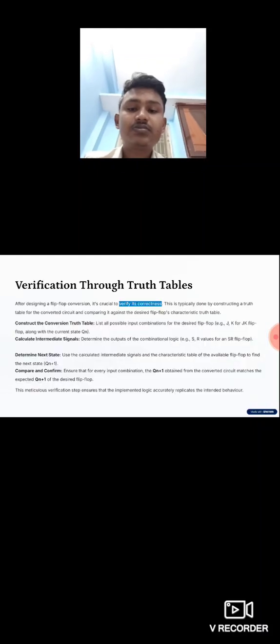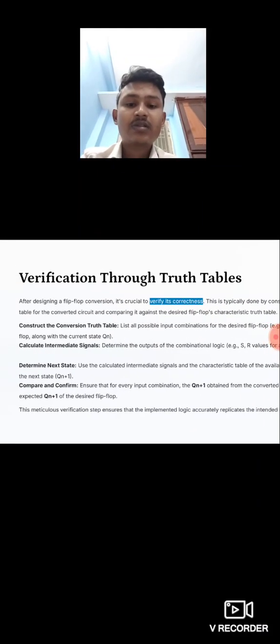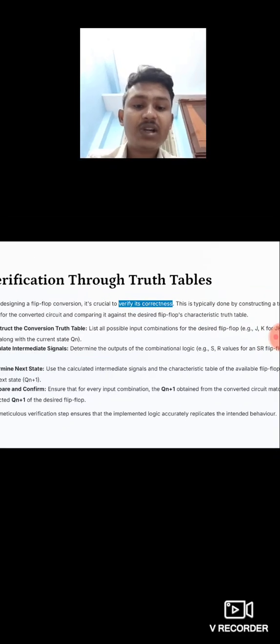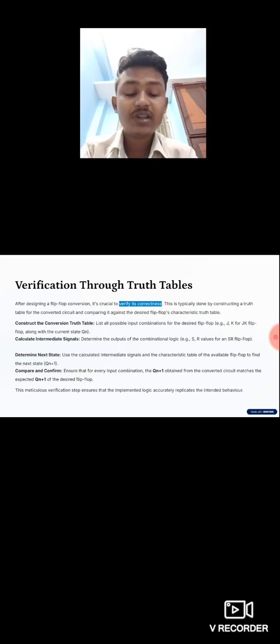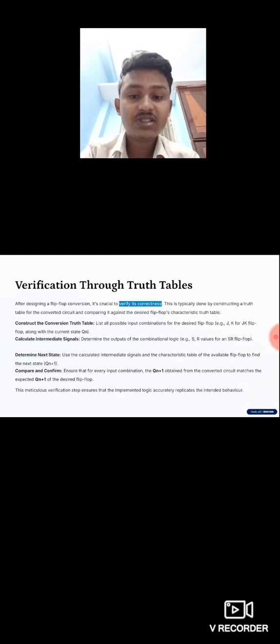Verification table. After designing a flip-flop conversion, it is crucial to verify its correctness, and this is typically done by constructing a truth table for the conversion circuit and comparing it against the desired flip-flop's characteristic truth table.